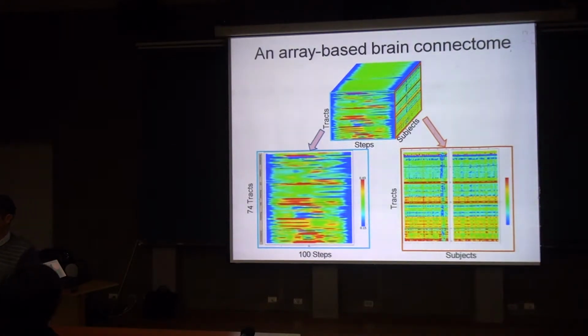fiber integrity. If we have this kind of data, we can easily compare the patients and the normal subjects and see how different they are, where they are different, what kind of tracts are different. So we can do all these kinds of studies.